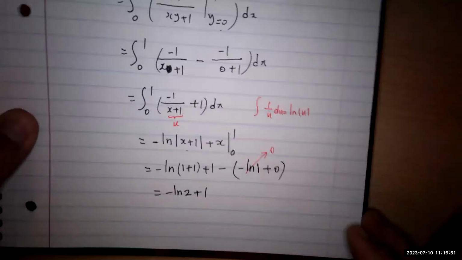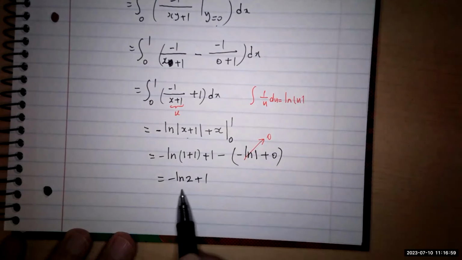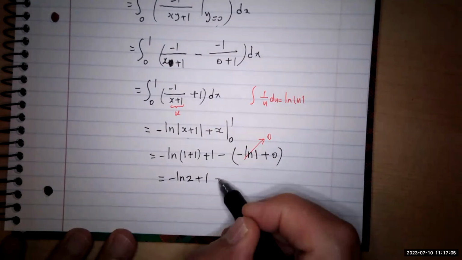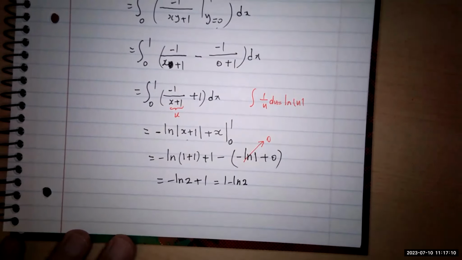You can stop here, or ln2 is 0.69. If you want, just check it, it's going to be 1 minus ln 2.